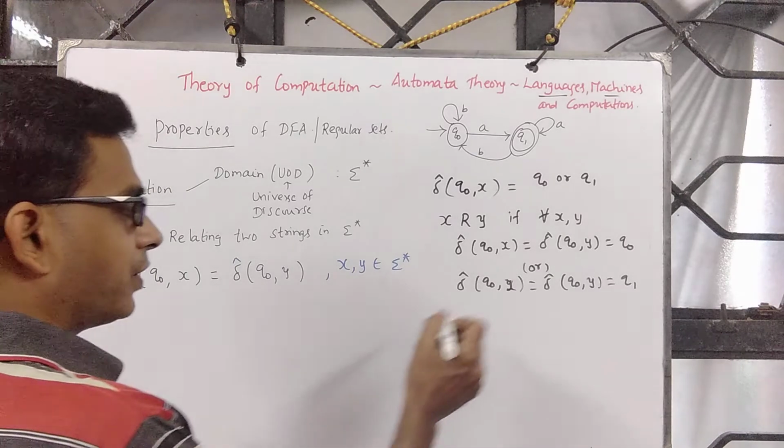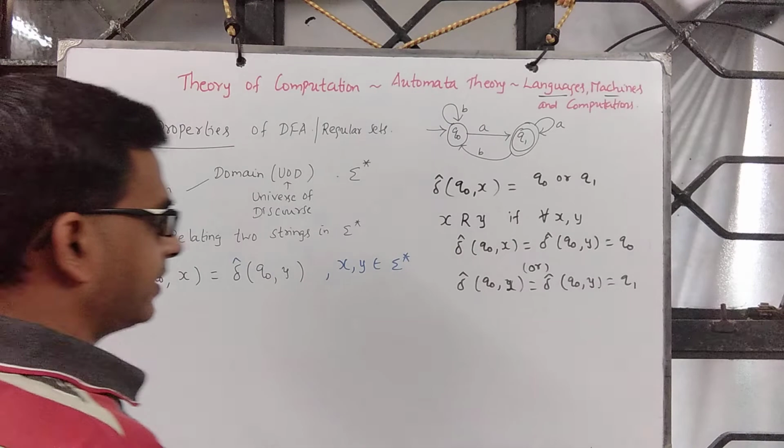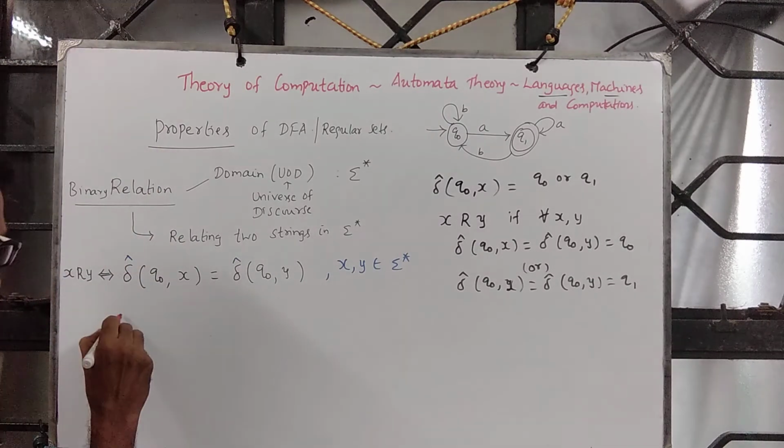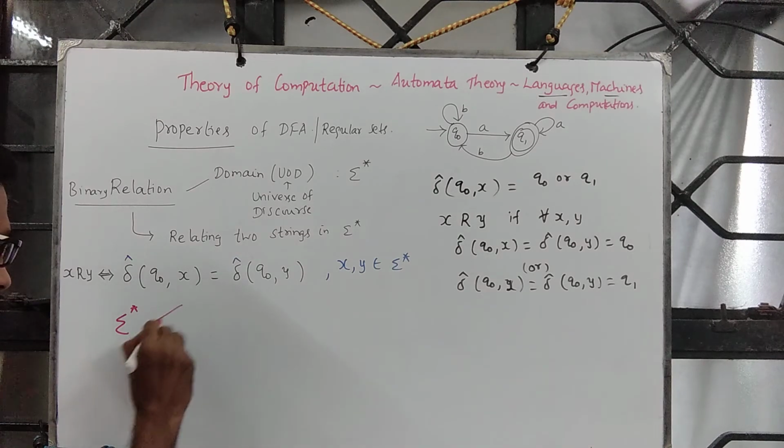So now what is this telling us? You look at sigma star. Sigma star can be partitioned into two sets.